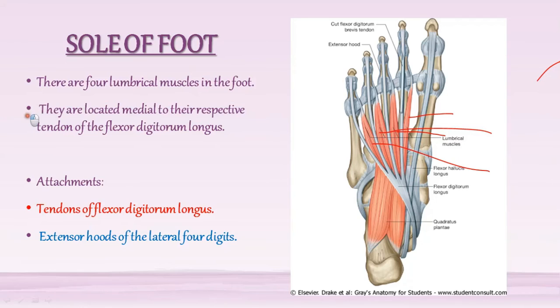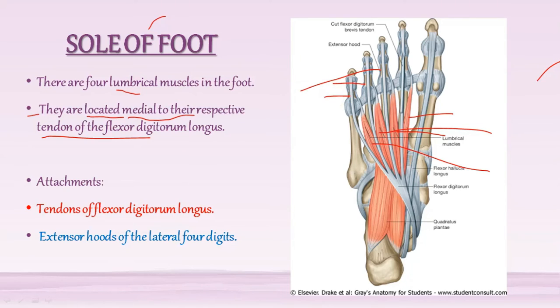Now look at this. The lumbricals are located medial to their respective tendon of the flexor digitorum longus. So we can say they arise from the tendons of flexor digitorum longus on the medial side of the respective tendon, and they insert on the extensor hoods of lateral 4 digits. These are the extensor hoods of lateral 4 digits.